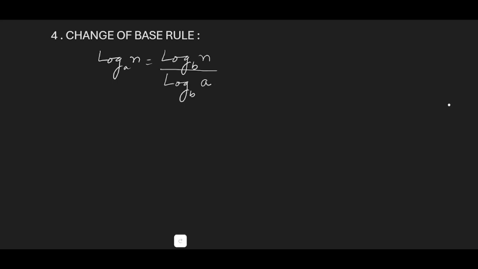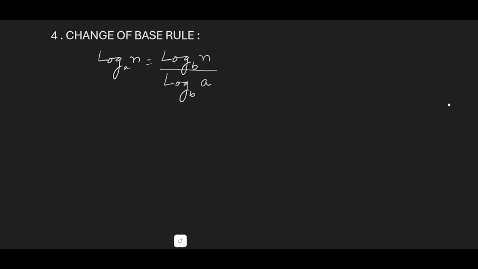Okay, left hand side, right hand side, we need to prove that these are equal. Okay, this is the argument, and in the numerator argument is same but base is changed. दोनों के base को हमने change कर दिया है, और नीचे जो आपके पास जो यहाँ base था वो नीचे, यानी in the denominator, that would be the argument. Okay, now we need to prove left hand side and right hand side.